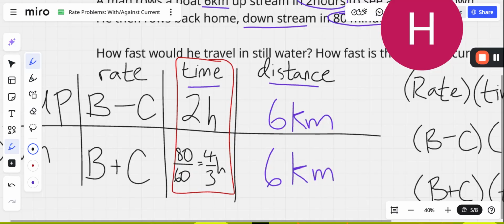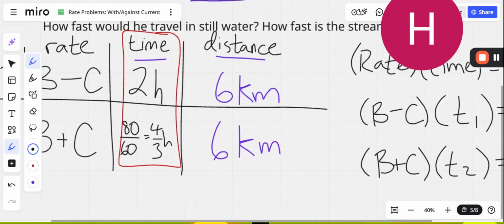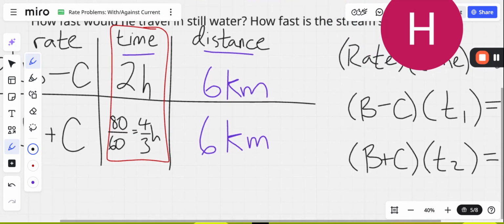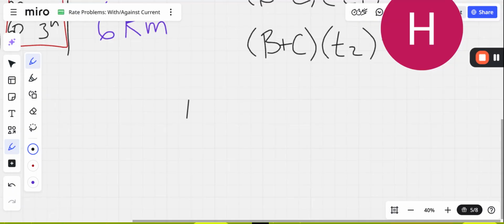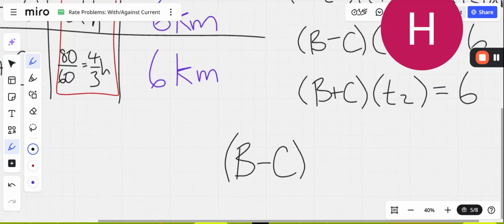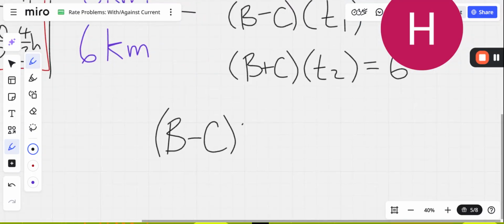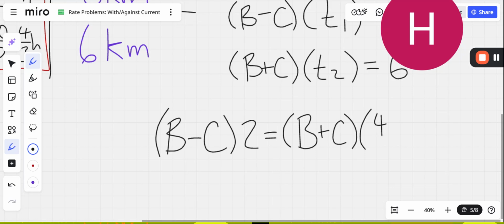Okay, well now we can make some use of this. Since both of them multiply to 6, we're going to have that b minus c times 2 equals b plus c times 4/3.